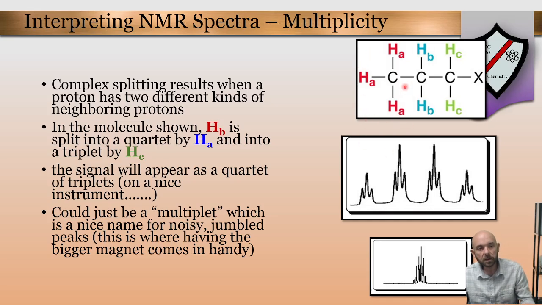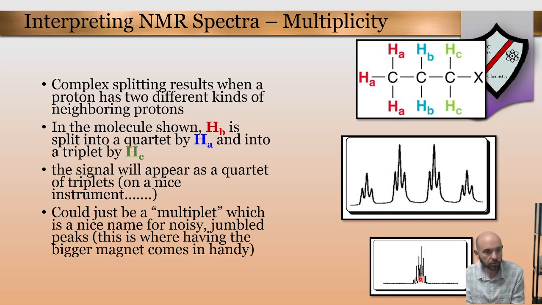Depending on the strength of the instrument, a really nice instrument would give you all of the splitting, and we sometimes would see a quartet of triplets. So it's split into 4 because of the HAs, but each of the 4 is split into 3 because of the HCs. On a less nice instrument where the resolution isn't as good, we probably would just see a multiplet, which is just a name for a noisy jumbled set of peaks.